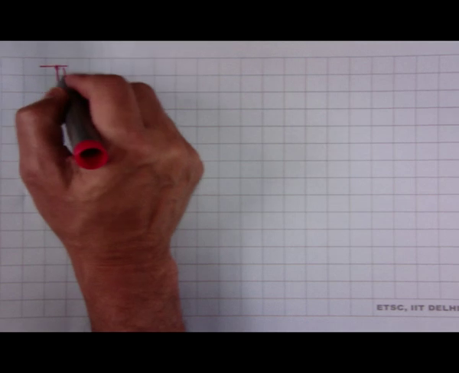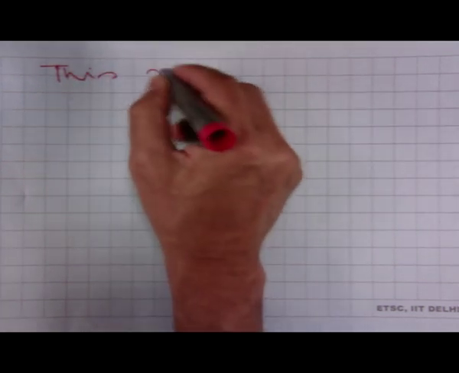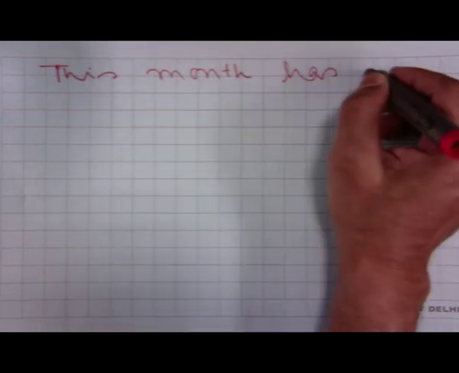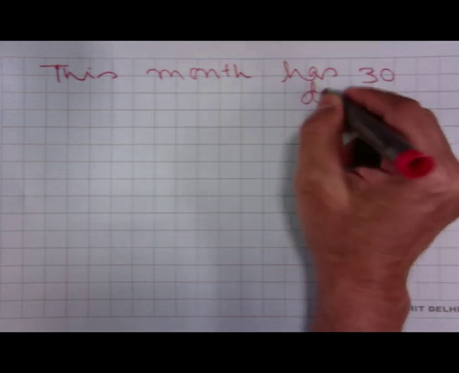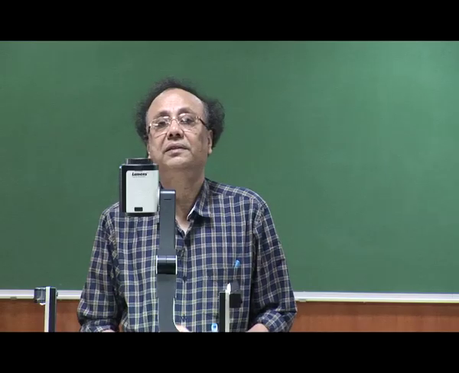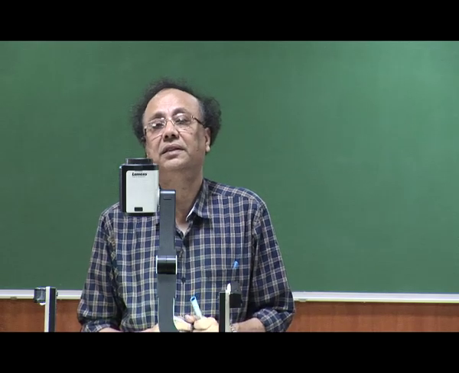What about this? This is a statement or a sentence, this month has 30 days.